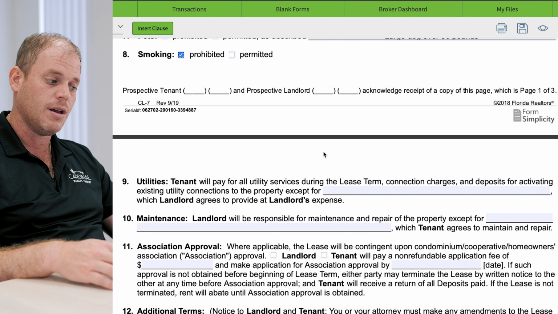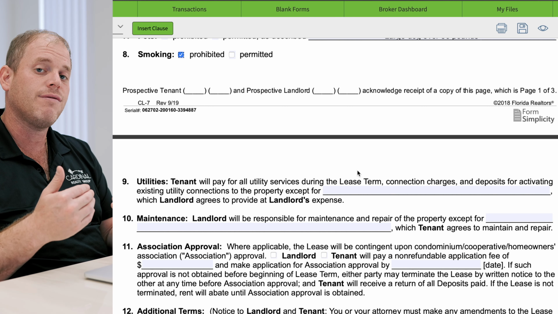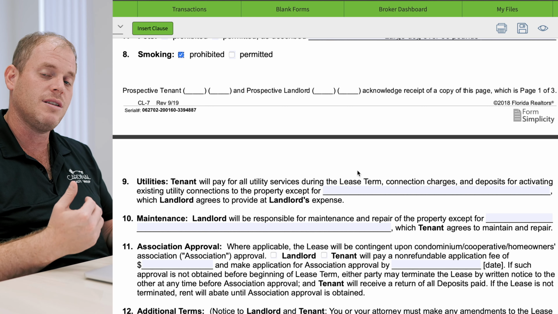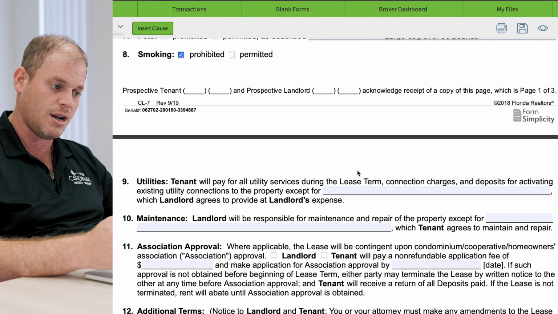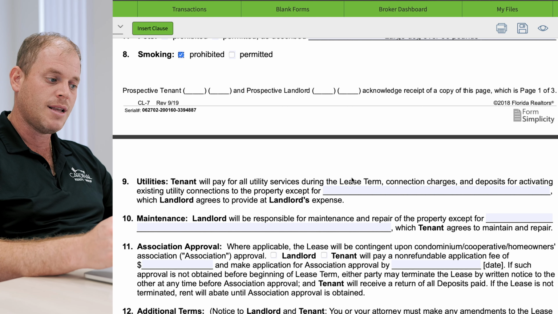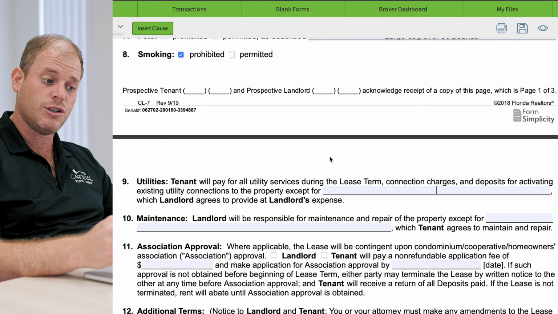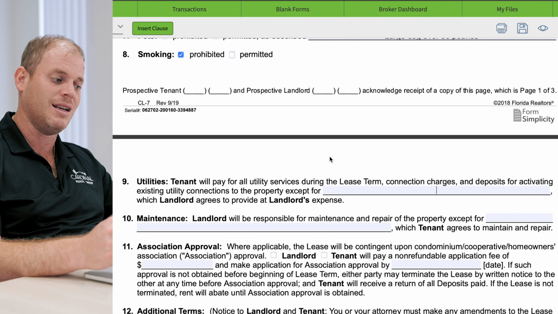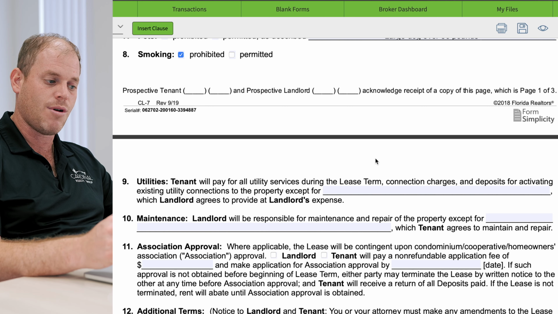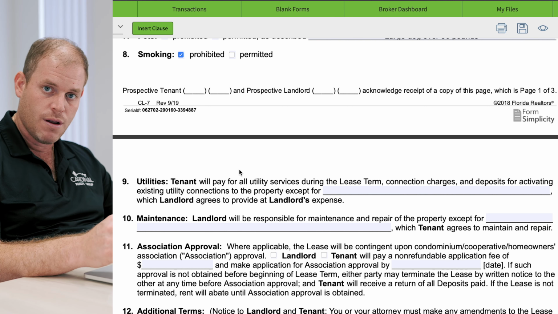sign up with them. Okay, now if this is going to be on the landlord, this needs to be stated here in section 9, and I'll just read it to you guys. Tenant will pay for all utility services during the lease term, connection charges and deposits for activating existing utility connections to the property except for.